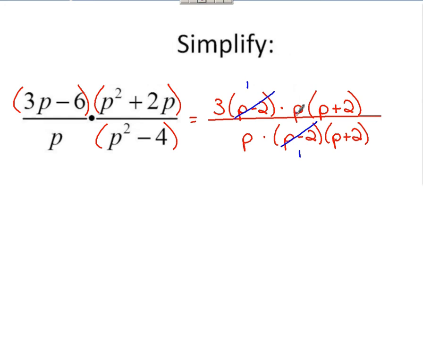The p's, I could divide those out. And the quantities of p plus 2, I could divide those out. Now we've taken out all these factors. Looks like all that remains is a 3. So our resulting product would just be 3.